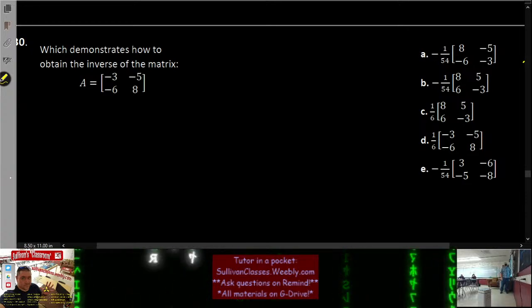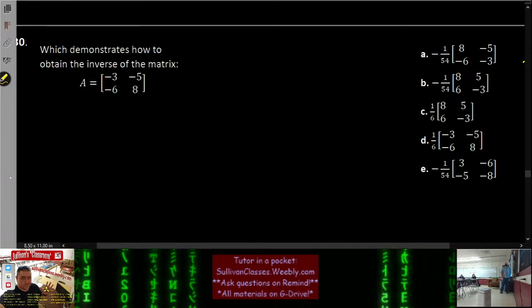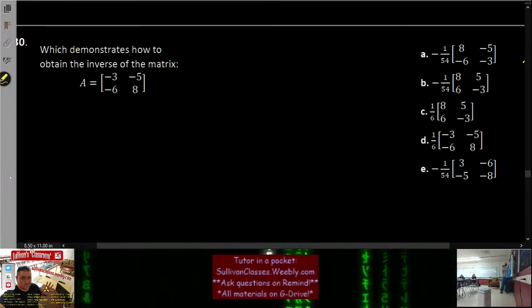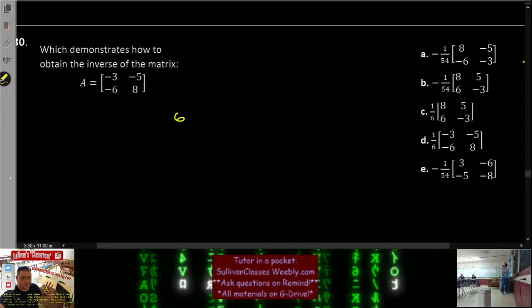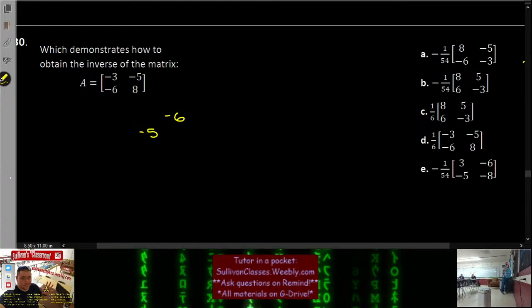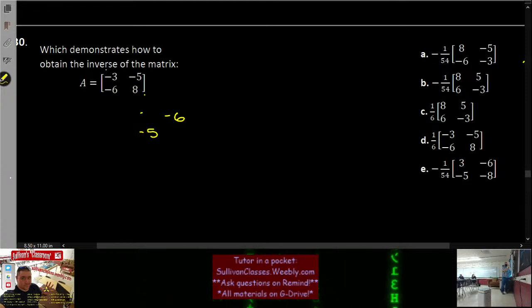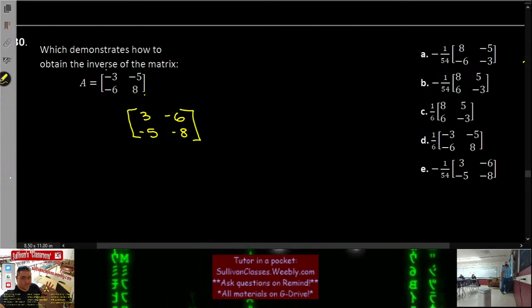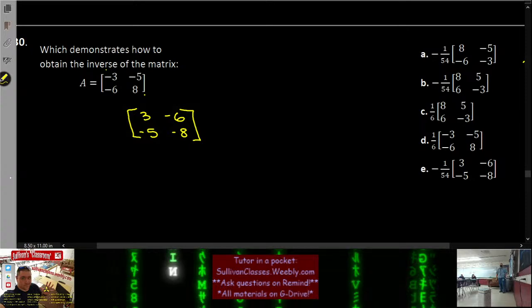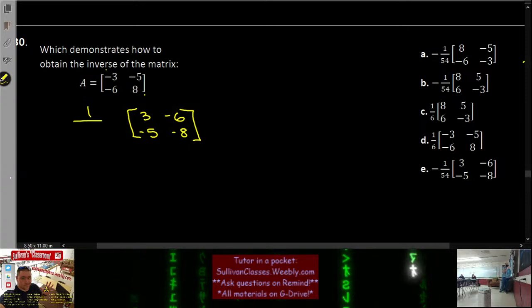Pretty simple. To get an inverse, you swap your means, negate your extremes, and you take it times 1 over the determinant.